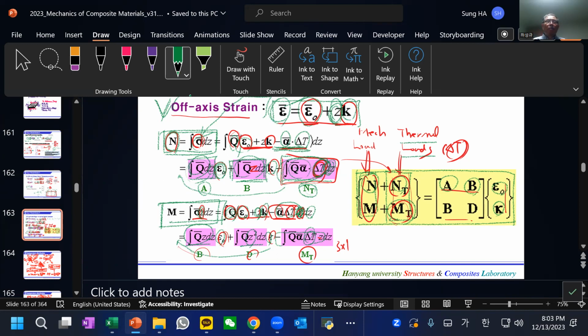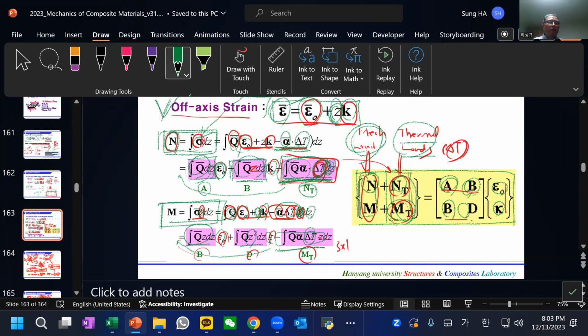So all the material properties will give us this ABD matrix, and this is the mechanical load we are applying, and now this one is caused by the temperature and mechanical properties, and this is newly added here. So basically, what we would like to obtain is that, given the mechanical load and given the temperature load, I mean, this temperature load can be calculated from this formula, and this one again.